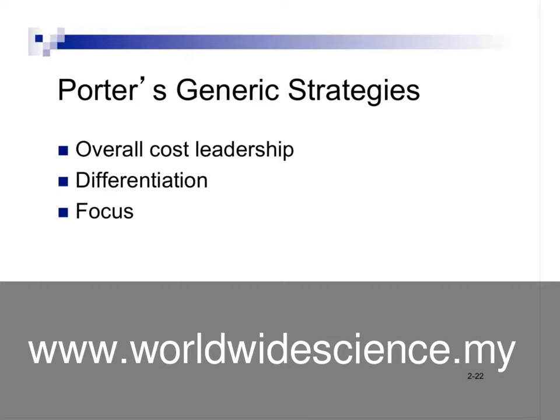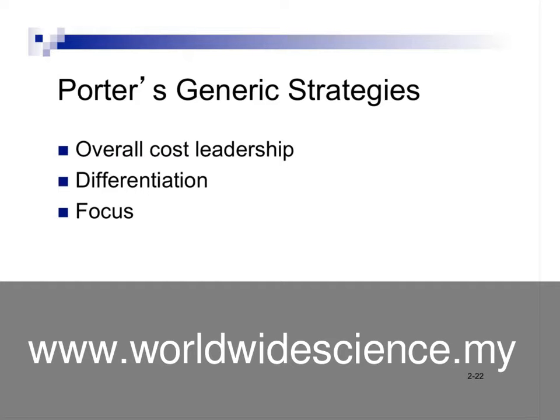Basically, by these strategies, we are talking about your business strategies or marketing strategies. We're saying that your marketing or business strategy would be overall cost leadership, or differentiation, or focus. So basically, you're targeting to be focused on a certain type of product or service that you provide, compared to other types of things.